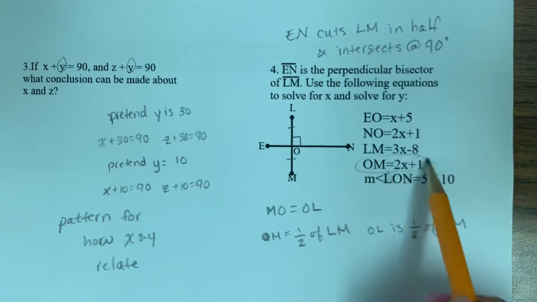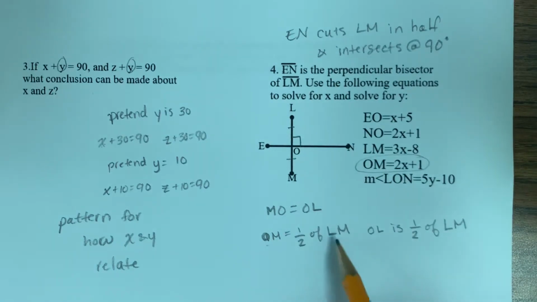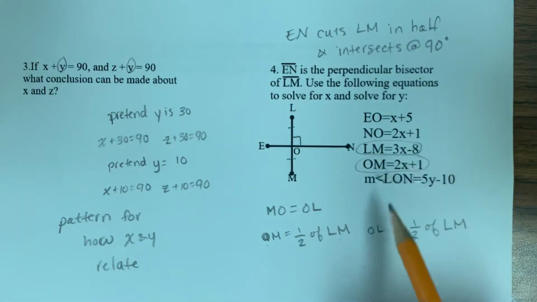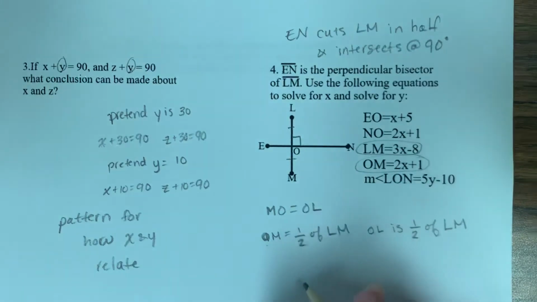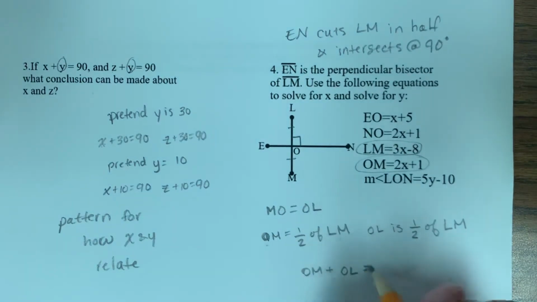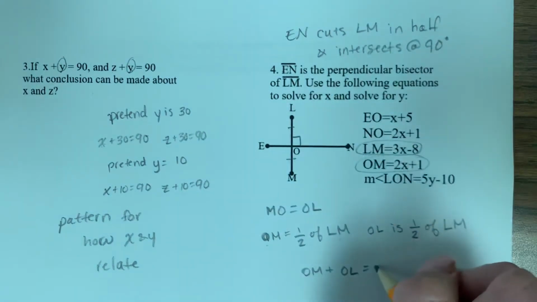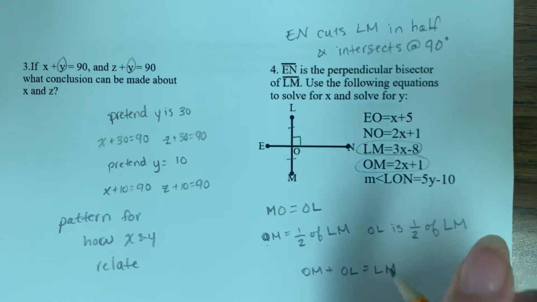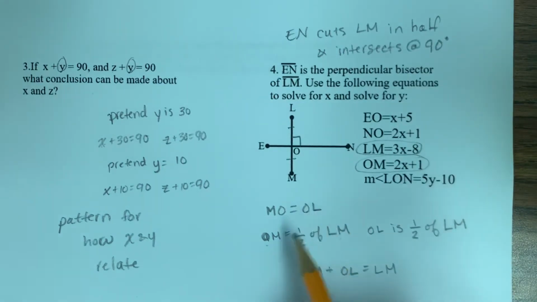So here I've got OM, here I've got LM, and I also know that OM plus OL is going to equal the whole thing, which is LM. So again, kind of like with the angles one, you can use some of this information to figure out how to set up your equations.